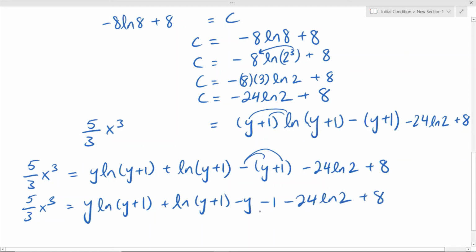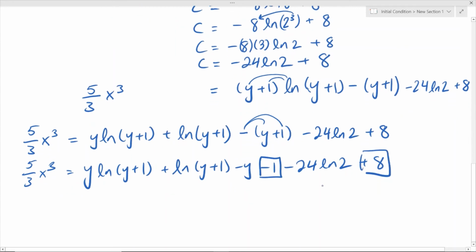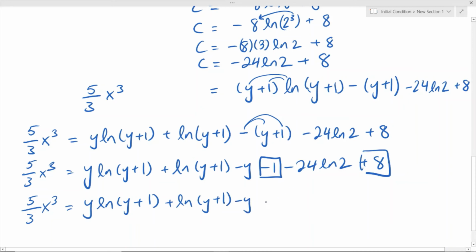And I see here I can combine this and this together, right, to get 7, so it's going to be 5 over 3 x cubed equals y ln y plus 1 plus ln y plus 1 minus y minus 24 ln 2 plus 7, right, because we combine these two.